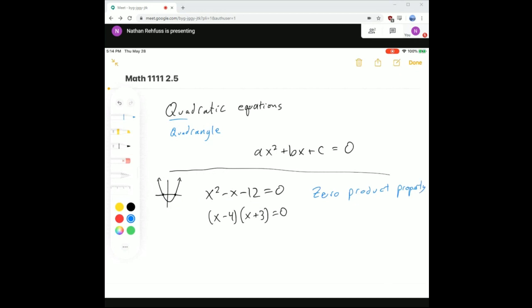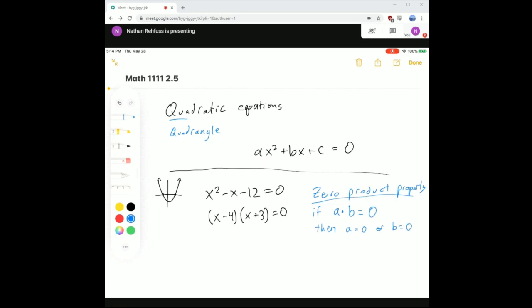I know I referred to this in yesterday's talk, but today we're going to get into what it means, or at least write it down in the notes explicitly. If I have two numbers, a and b, and I multiply them and get 0, there's no way to do that without one of the numbers being 0. I can't take two numbers that aren't 0 and multiply them and get 0. So either a equals 0 or b equals 0.